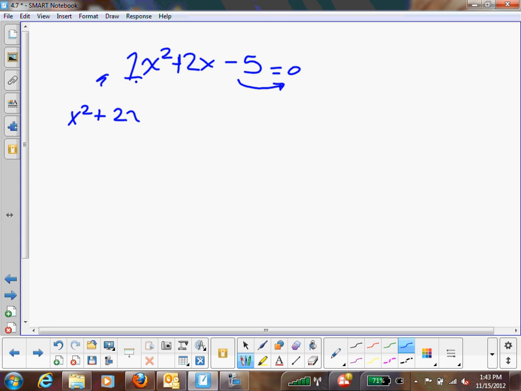And what we're left with is this. What we're trying to do is make this left side a perfect square. This is just a process that we do, and the more you do this, the easier the process will be. The first step is we take this value and multiply it by a half.